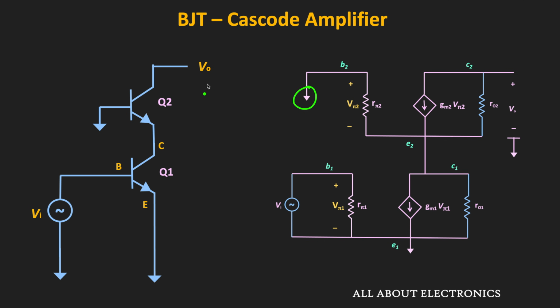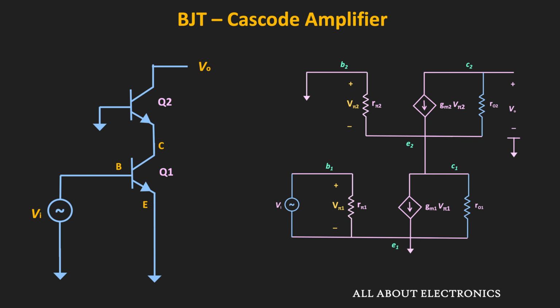As you can see, the output voltage is taken across the collector of the second transistor and the ground terminal. Here, R01 is the output impedance of the Q1 transistor, while R02 is the output impedance of the second transistor. With this, now let us find the output impedance of the overall cascode configuration.